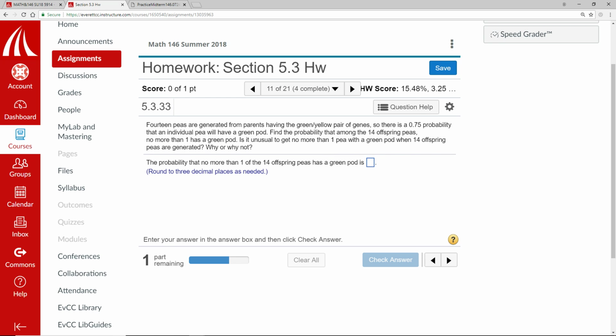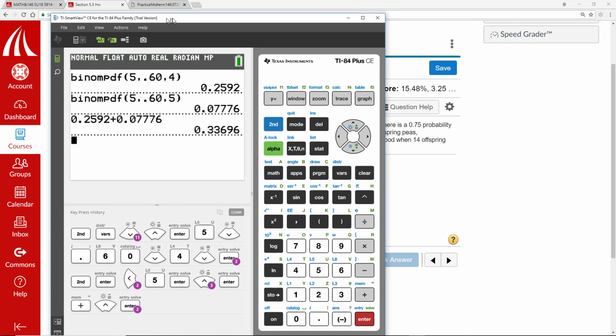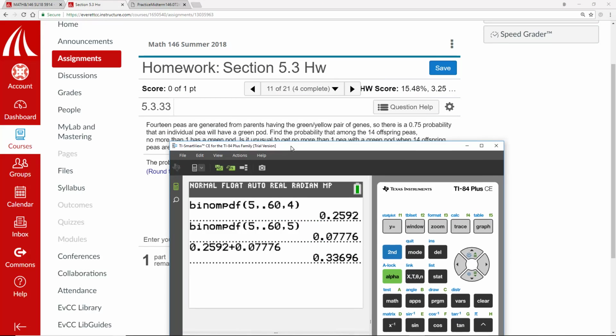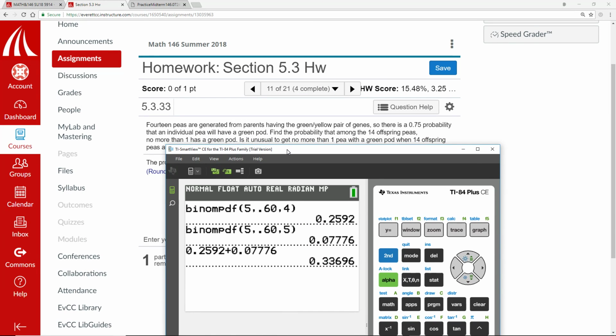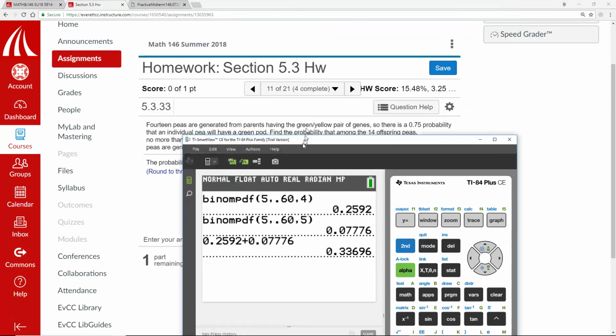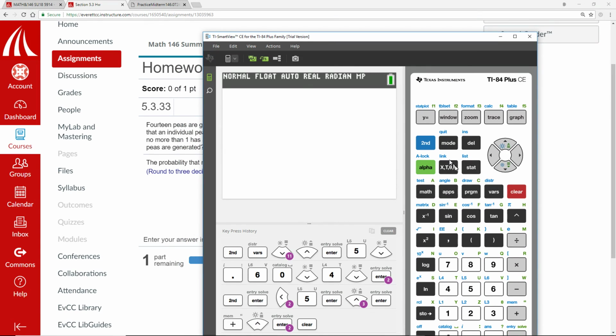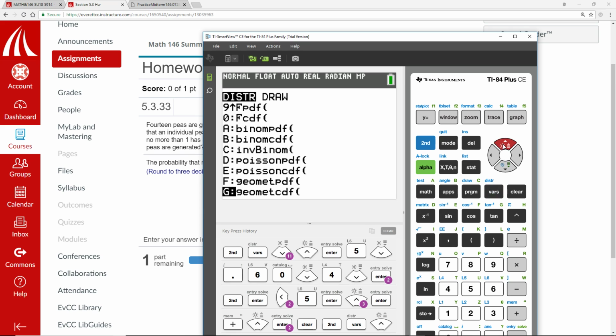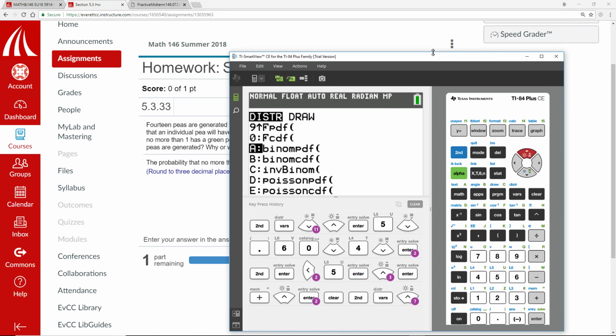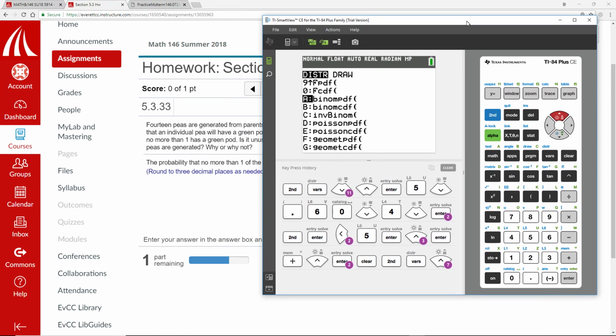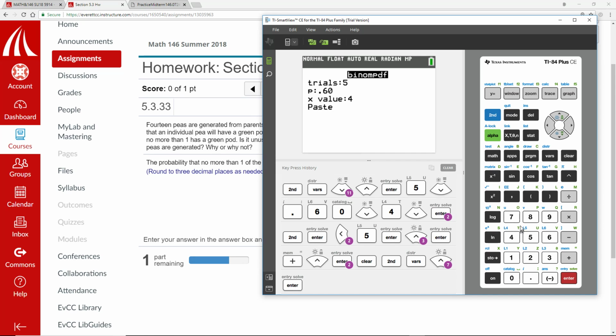Alright, let's bring up our calculator. I'm going to show you two ways to do this problem. It gives us everything. It looks like we're talking about 14 P's. The probability stays the same. So let's just go back into second distribute, go to A, and then we're going to do 14 trials.